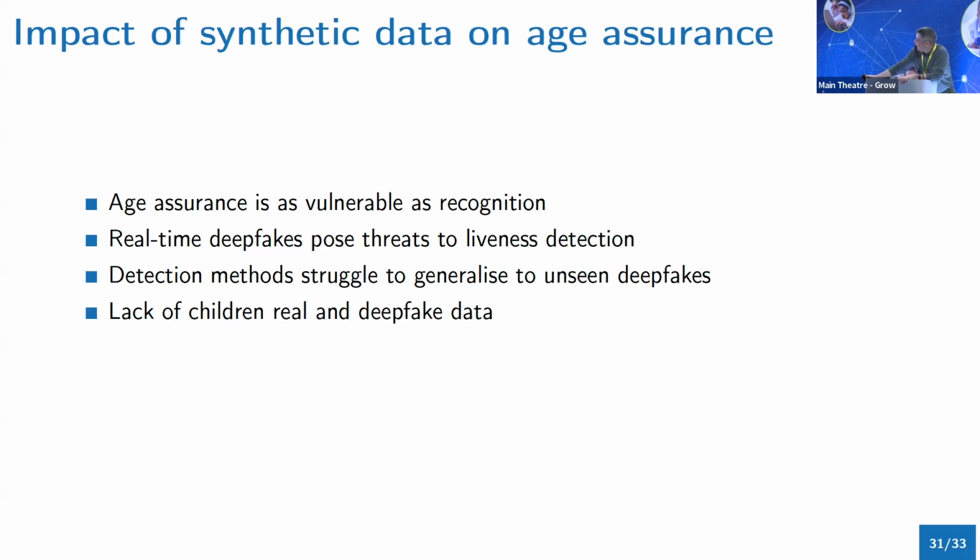I already mentioned the lack of real and deepfake data of children. There's almost no data of children anywhere, very, very few. That makes it specifically an issue for age assurance, because we want to protect kids online, protect their privacy, protect them from harm, from pedophilia, from all sorts of actors who try to bully them online.